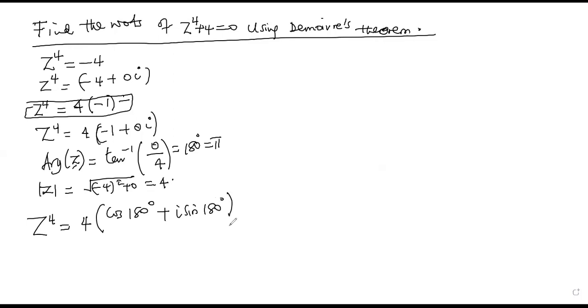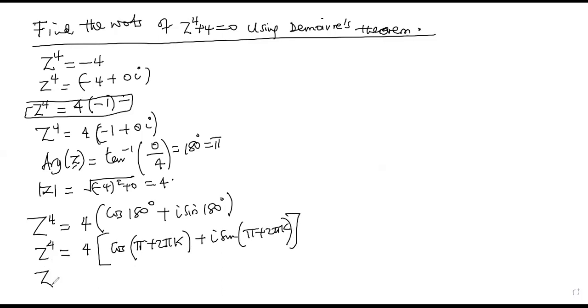So relating to what we have always done, it means that our z power 4 is equal to 4 into cos pi plus 2 pi k, plus I sine pi plus 2 pi k.